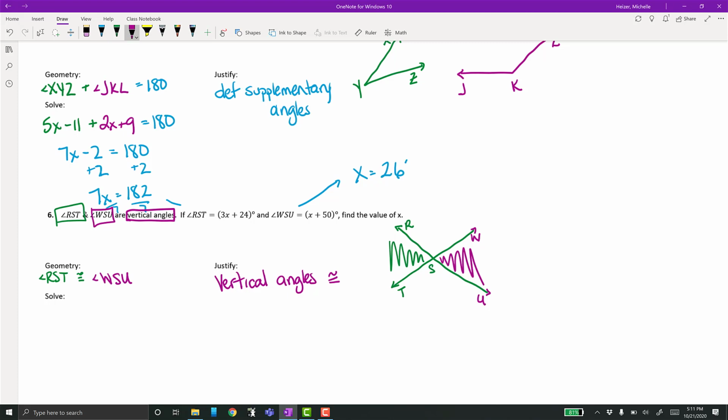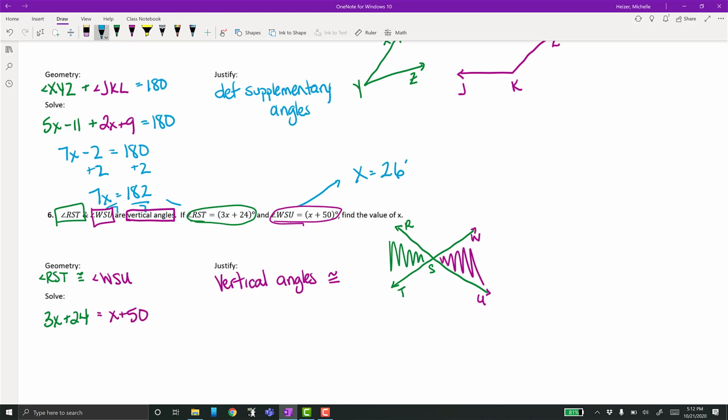And now we go ahead and solve. RST is right here, 3x plus 24. And WSU, x plus 50.